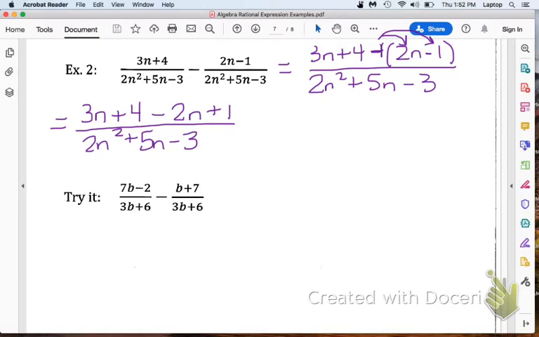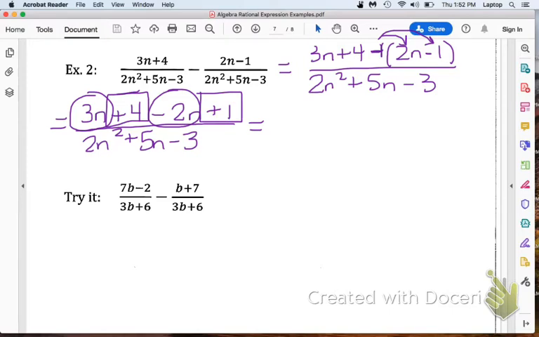The like terms here are going to be the 3n and the -2n, and then we also have a +4, and in this case a +1. Let's go ahead and factor the denominator to see what we've got going on. This isn't going to work, but we'll do it anyway, and then I'll show you what the mistake would have been.